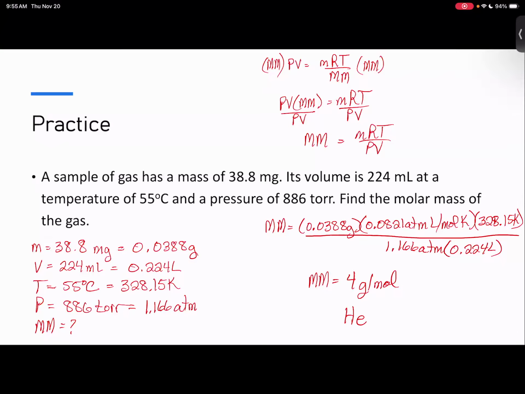And again, you will be given your pressure conversion factors. And technically, you've been given the temperature conversion factor. I don't give you the conversion factors for volume, because if you can't do milliliters to liters by now, that's a pretty sad state.